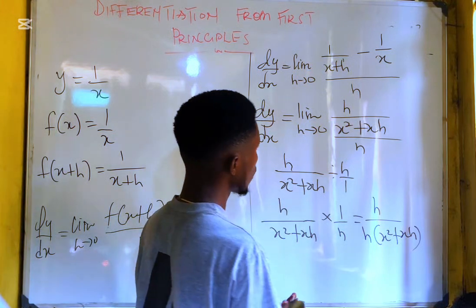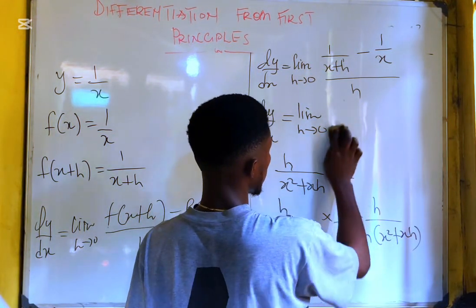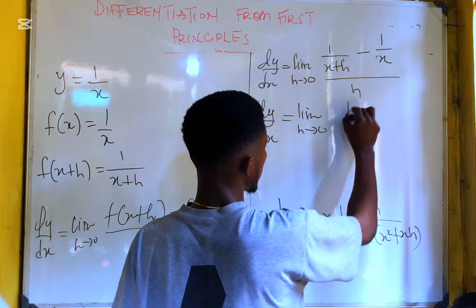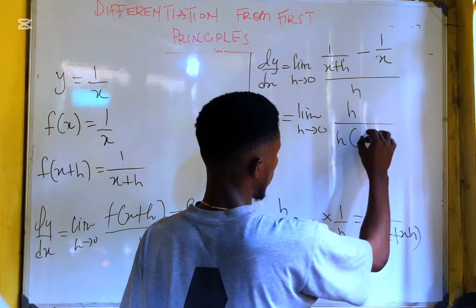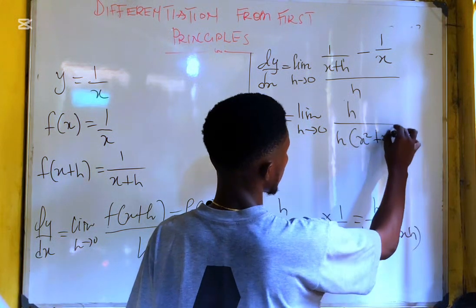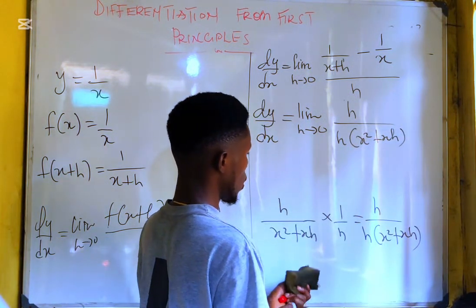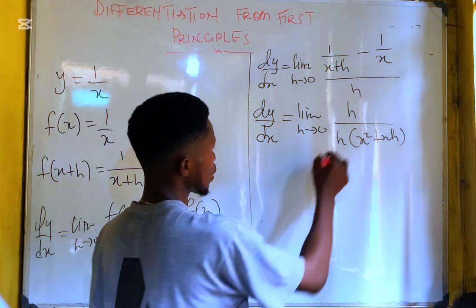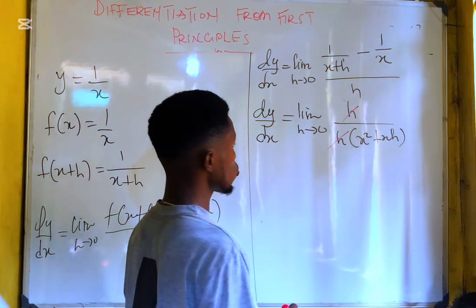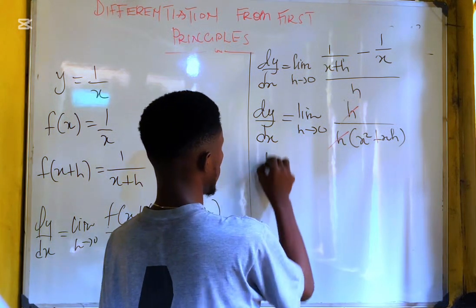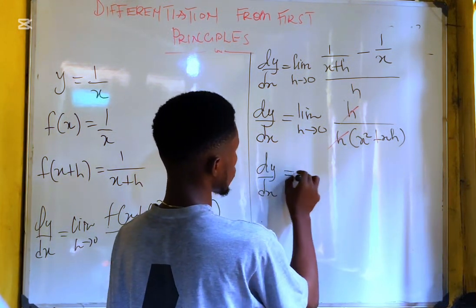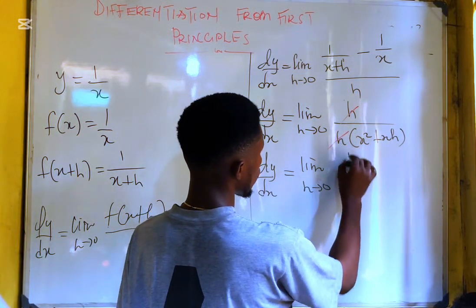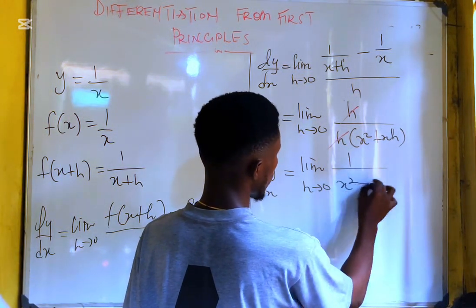So the whole of this is now h over h times x squared plus xh. You can see that this h goes into h one time. So you have dy dx equal to the limit as h approaches 0 of 1 over x squared plus xh.